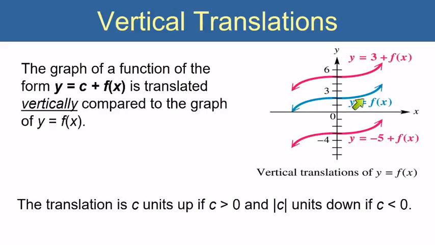So for example, here's just some arbitrary function. If you do that function plus 3, it'll just move that graph up 3 places. If you do that function minus 5, it'll just move the whole thing down 5 places. So translation is up if C is positive, and it's down if C is negative.